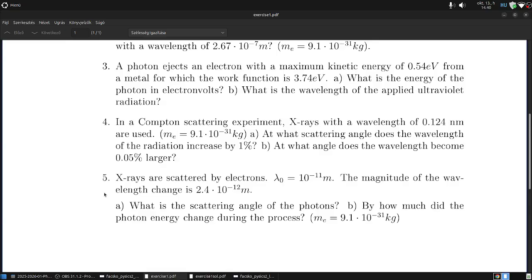Okay, so this board is full, but I have another. Magic. I don't know whether it's a good idea or not.